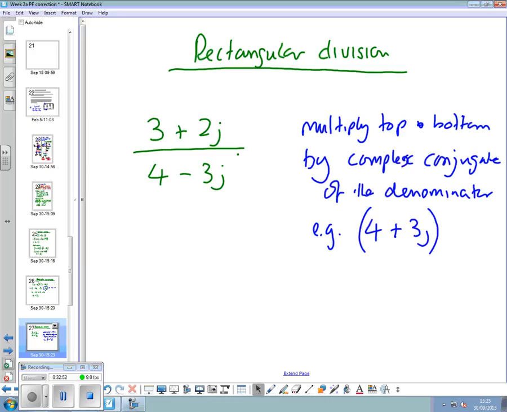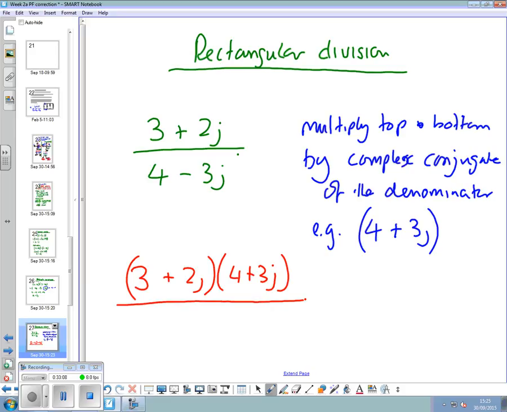Yep. So this is the process. The numerator becomes 3 plus 2j times 4 plus 3j. The denominator becomes 4 minus 3j times 4 plus 3j.